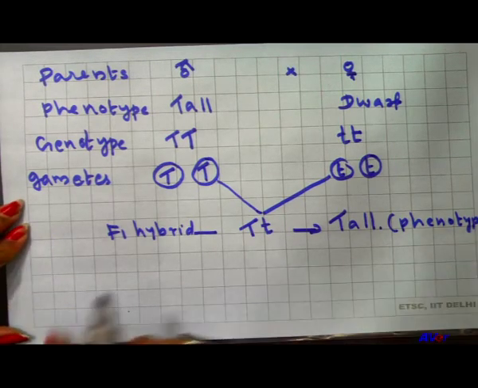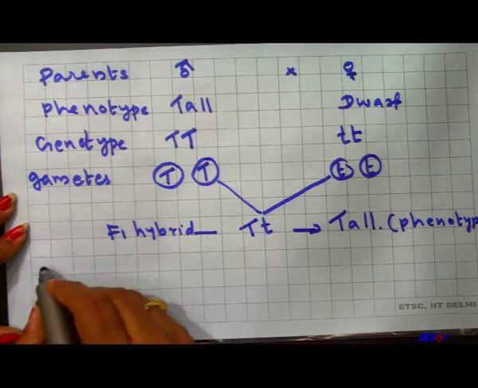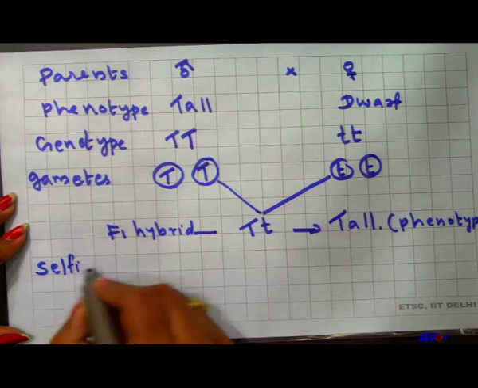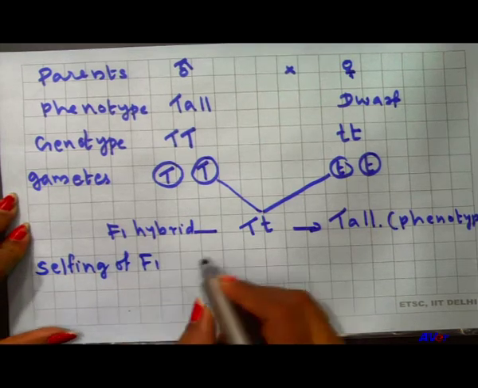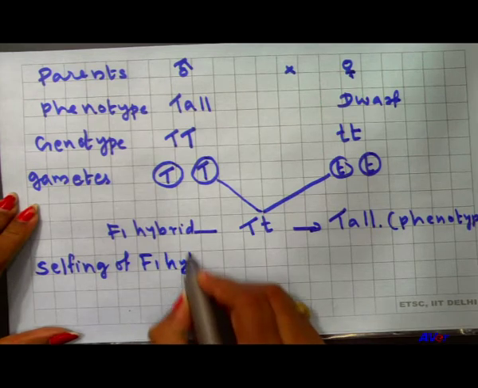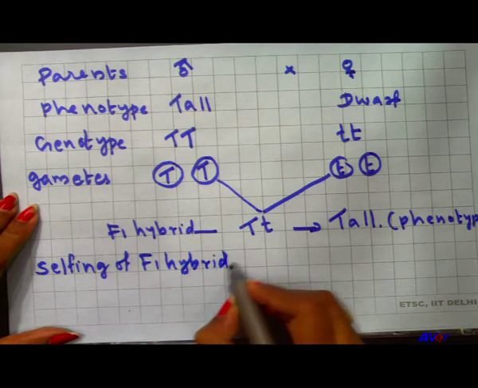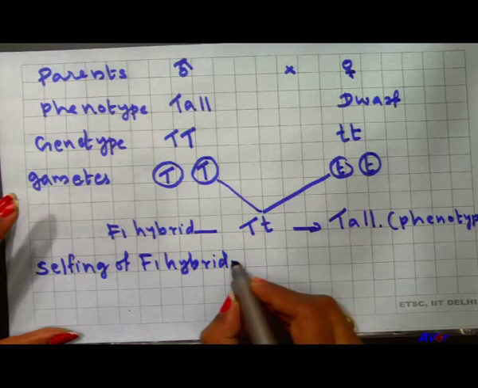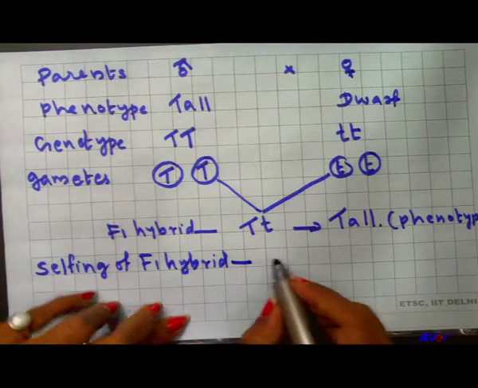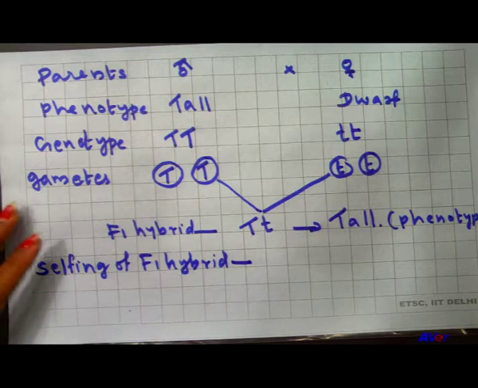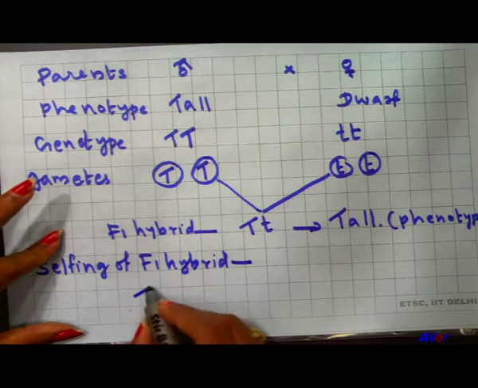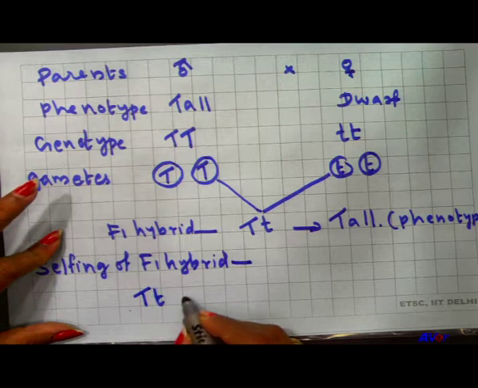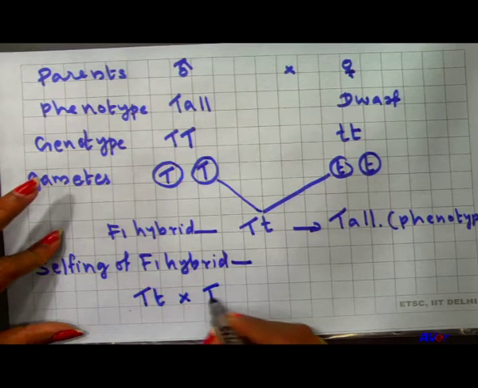Now, the next step is selfing of F1 hybrids to produce the F2 generation. So, that we can represent as capital T small t into capital T small t.